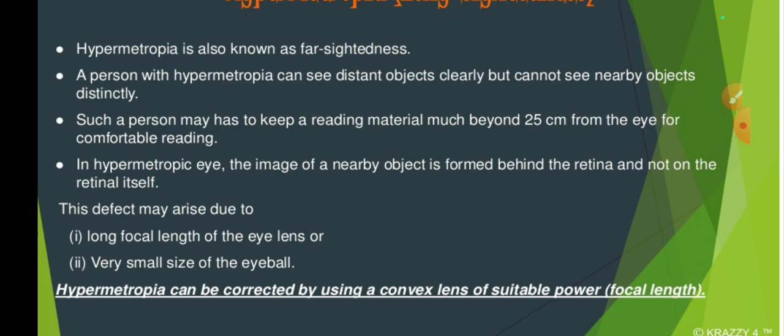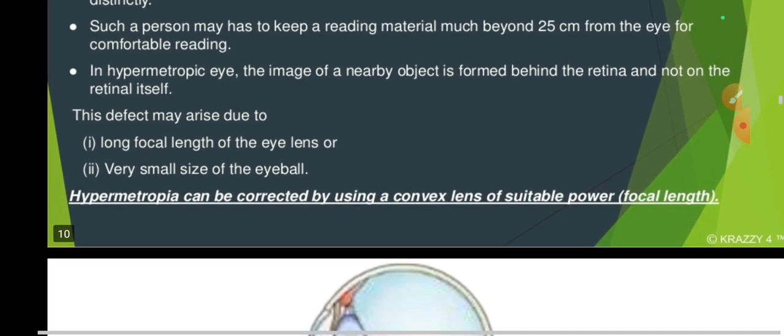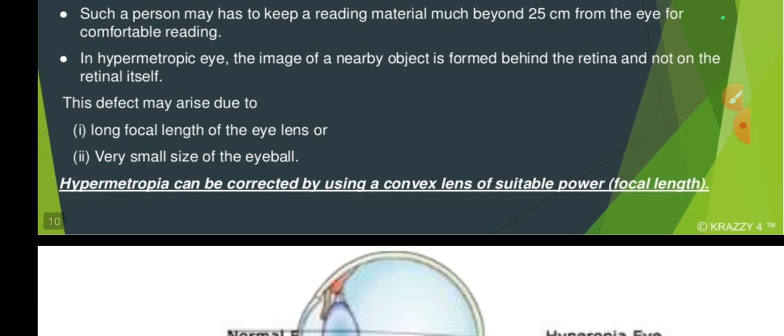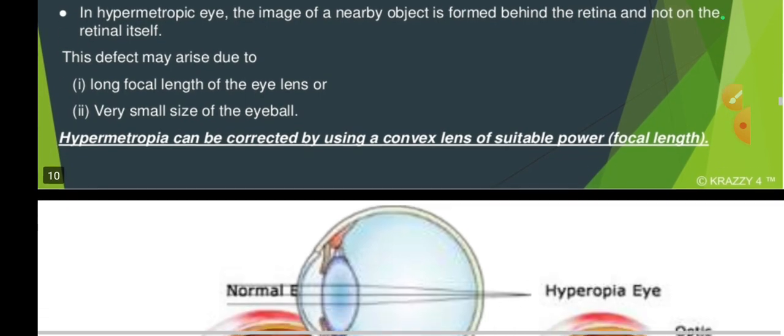In a hypermetropic eye, the image of a nearby object is formed behind the retina and not on the retina itself. This defect may arise due to long focal length of the eye lens or very small size of the eyeball. Hypermetropia can be corrected by using a convex lens of suitable power.